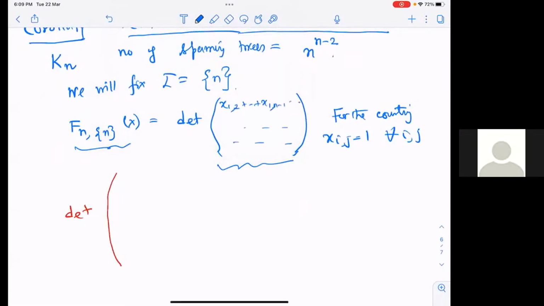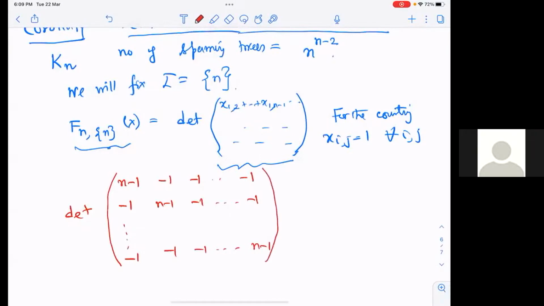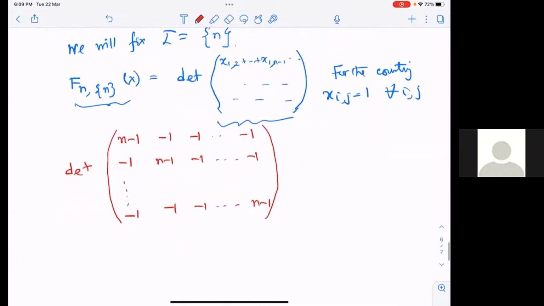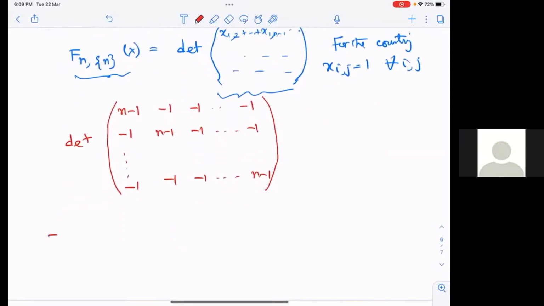If you put everything equal to 1, then the diagonal entry will be n minus 1, and the off-diagonal entries will be minus 1: n minus 1, minus 1, minus 1, then minus 1, n minus 1, minus 1, and so on. Now, what is the determinant of this nice matrix?